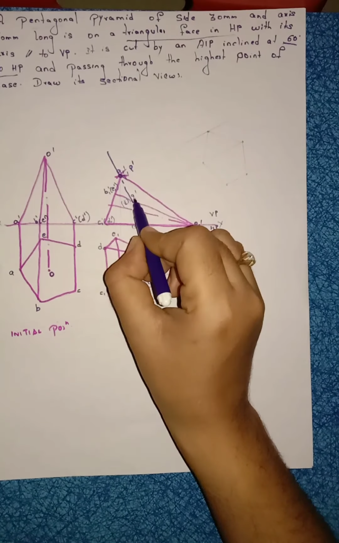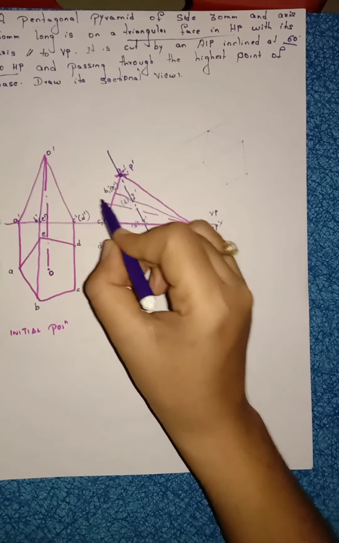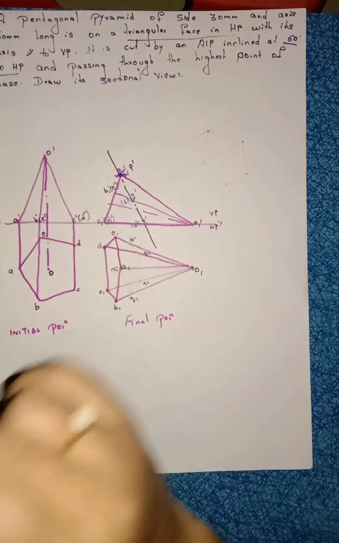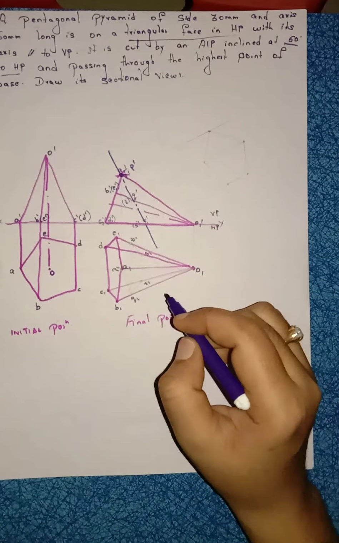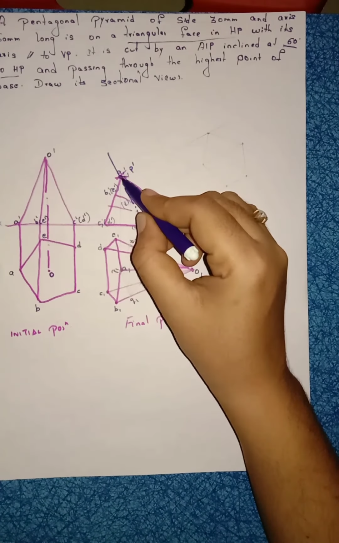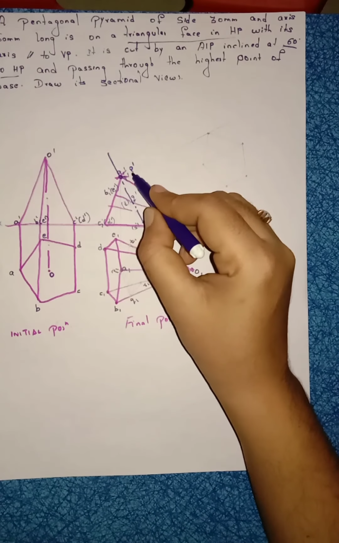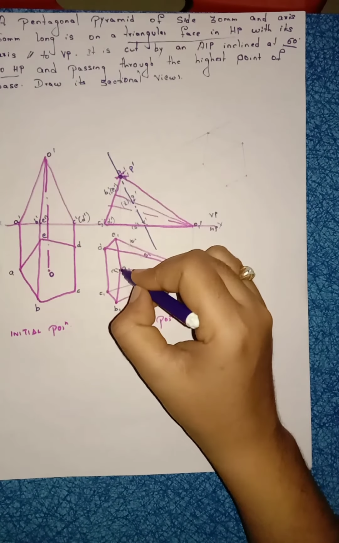For B, Q dash, for C, R dash, for D, S dash, for E, T dash. According to the alphabets, you have to give the point names. Now this is your point P. A point is nothing but point P. If you draw a straight line, you will get the point P here.